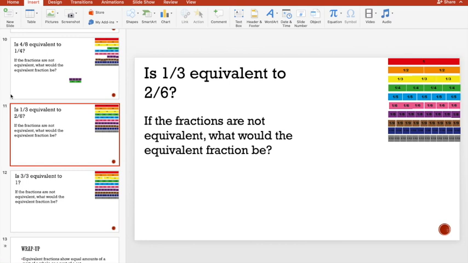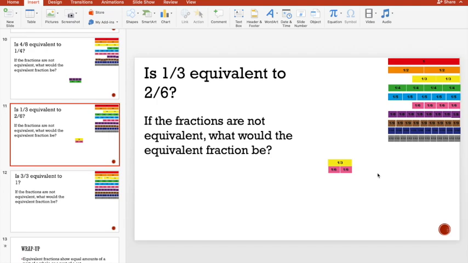I want to know if 1/3 is equivalent to 2/6. So I'm going to move down 1/3. Then I'm going to move down 2/6. There's 1/6 plus another 1/6 equals 2/6. Is that equivalent? Yes, it's exactly the same.